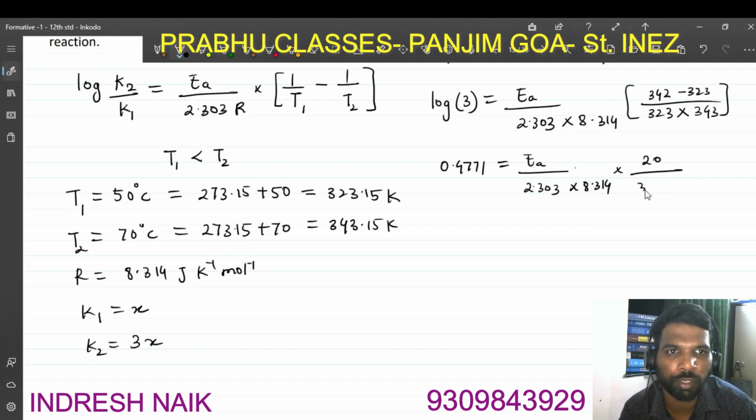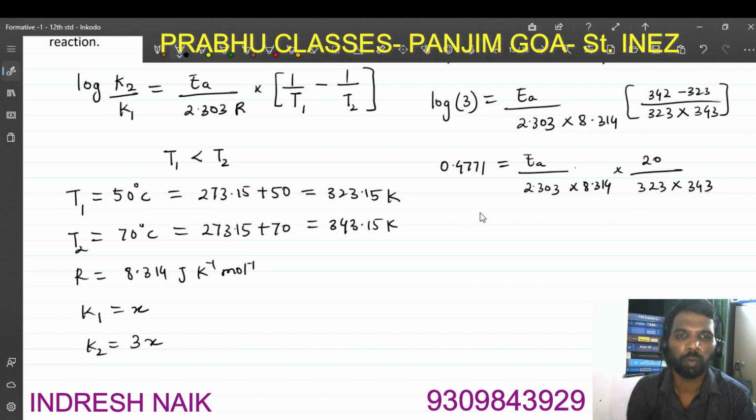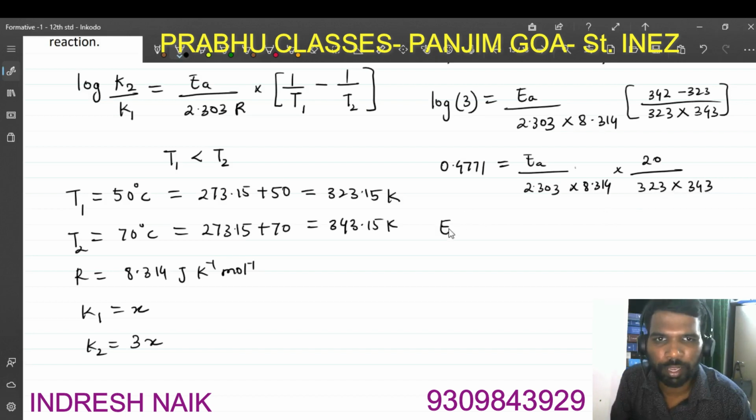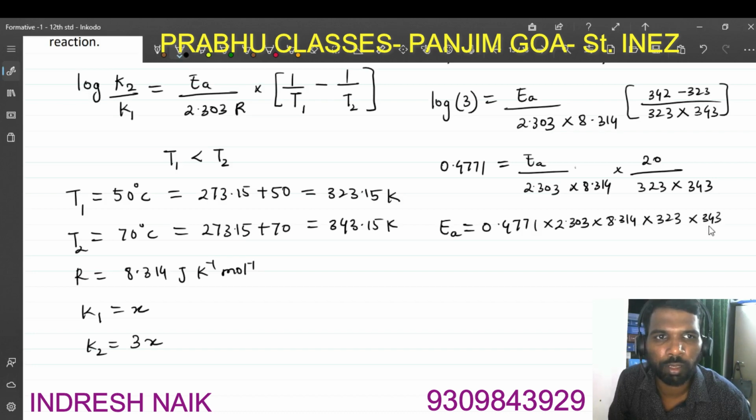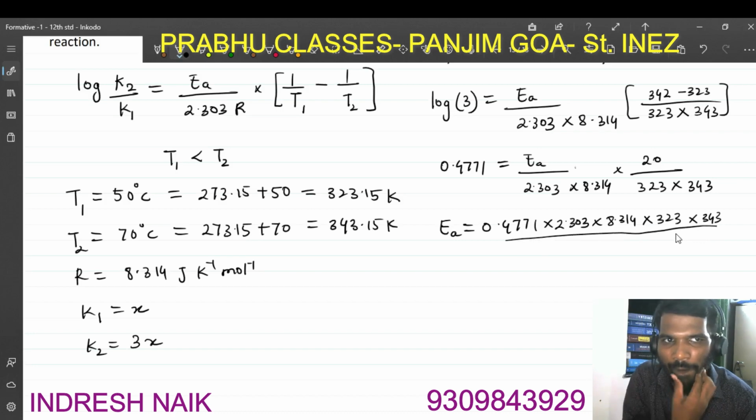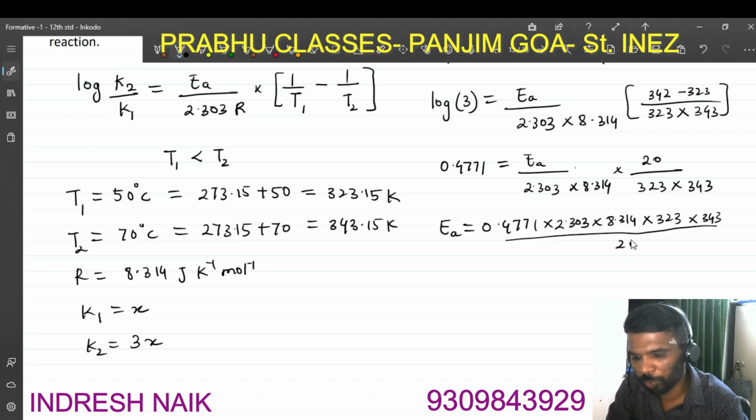This is the difference, this is 323 and this is 343. Now what is EA? Just rearrange. EA will be 0.4771 multiplied by 2.303 multiplied by 8.314 multiplied by 323 multiplied by 343 divided by 20, right?